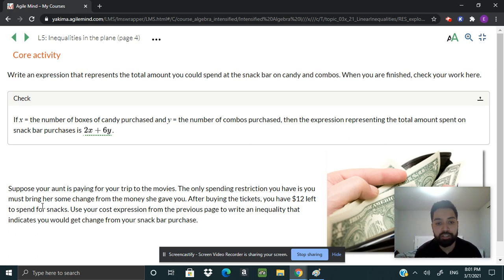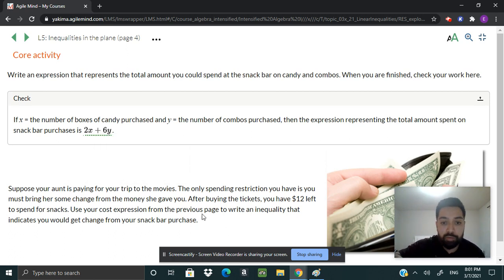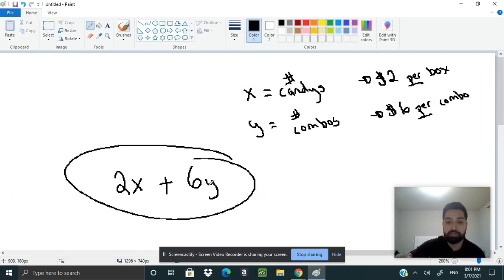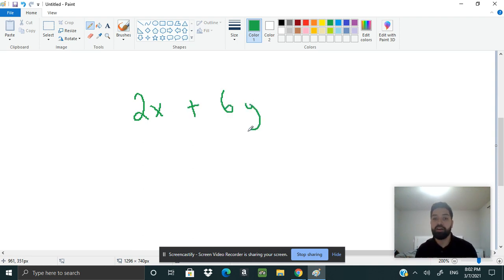Use your cost expression, the one that we just came up with, 2x plus 6y, from the previous page, to write an inequality that indicates you would get change from your snack purchase. So if we go back to this, we had 2x plus 6y. Now we want to have some money left, but we only have $12 left to spend on snacks. So we want this cost to be less than 12.